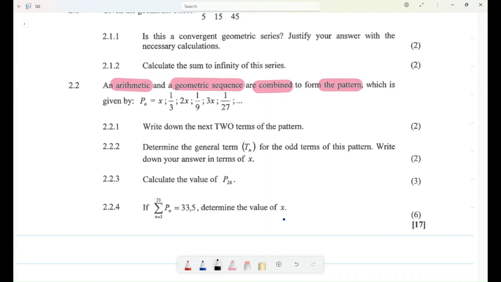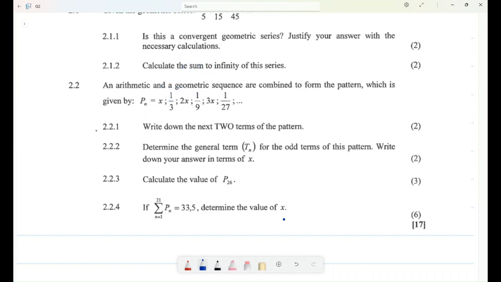Because if you look at term number 1, 2, 3, 4, and try to find a common r or d, it will not be common. So you have to take this and this, and this and this, and that's when you can find your pattern.